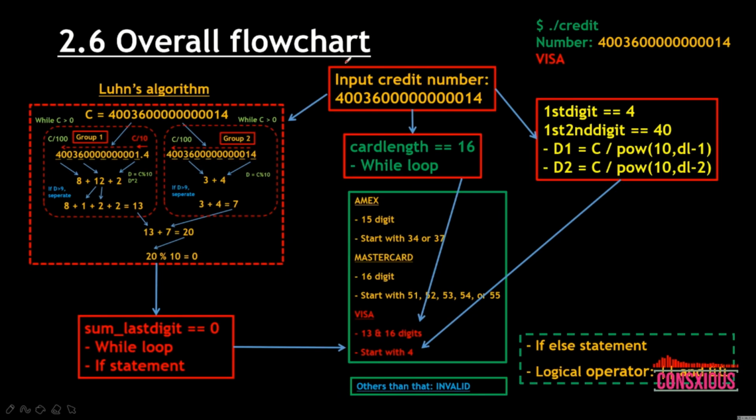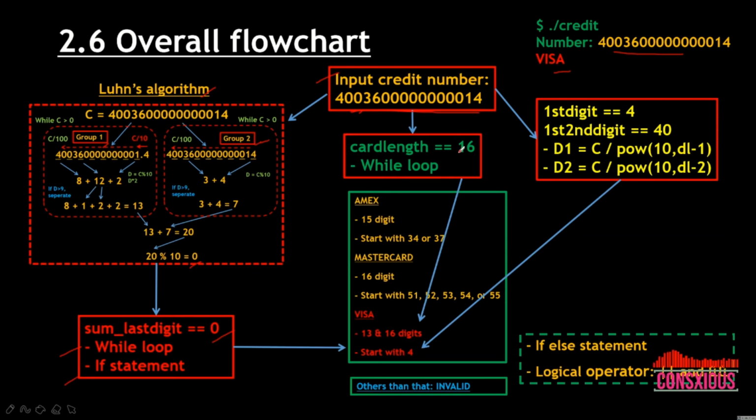So let's look at the overall flowchart. You key in credit, the program will prompt for the number, you key in the credit card number, and the program will determine which card it is. First, input the credit card number, making sure it's a positive value. Then we go through the Luhn algorithm, group 1, group 2, then the modulus. We get the sum's last digit using the while loop and if statements.